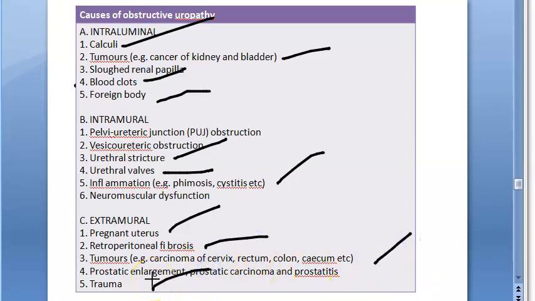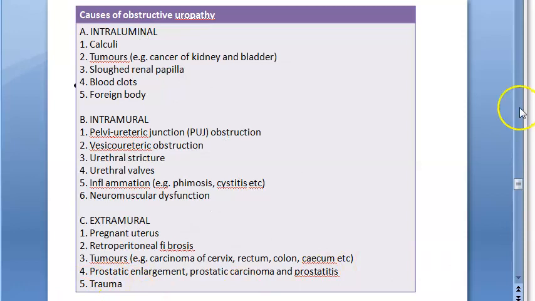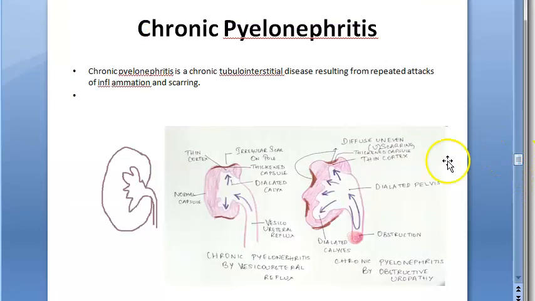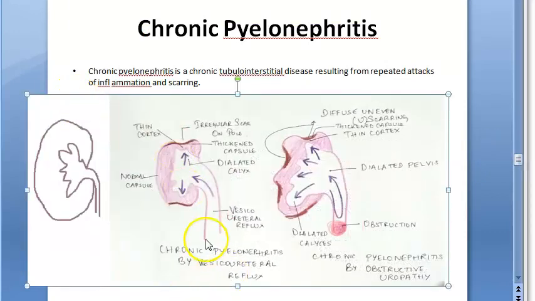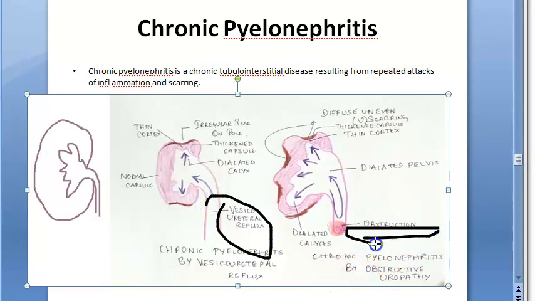So there are a lot of reasons why there can be obstruction. This will lead to chronic pyelonephritis. So guys, did you understand the two causes for chronic pyelonephritis? Vesicoureteral reflux and obstruction can lead to chronic pyelonephritis.